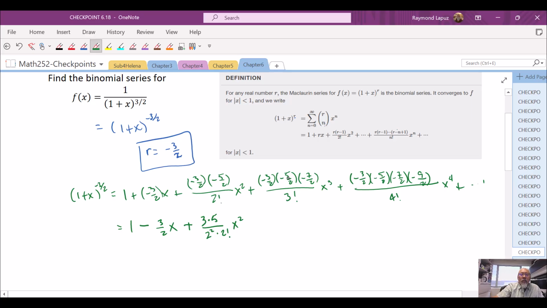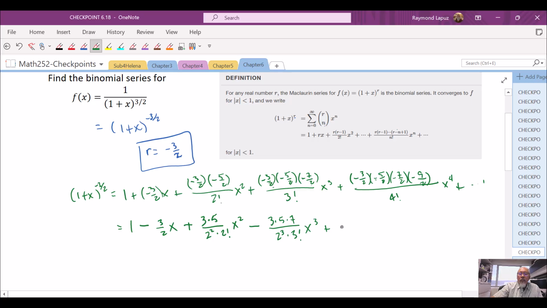So now the next term will have 3 negative signs. That'll eventually be a negative. In the numerator, we'll have 3 times 5 times 7. And then we'll divide by 2 times 2 times 2, so that's 2 to the third power times 3 factorial, and then x to the third. So we're getting a feel for the numerator here. It looks like it's going to be a product of a bunch of odd numbers.